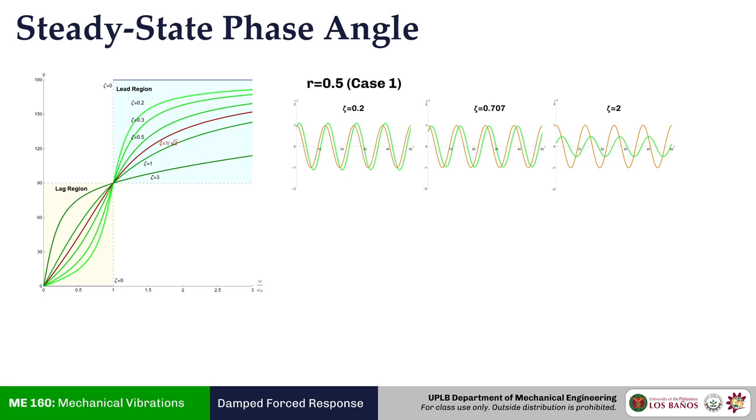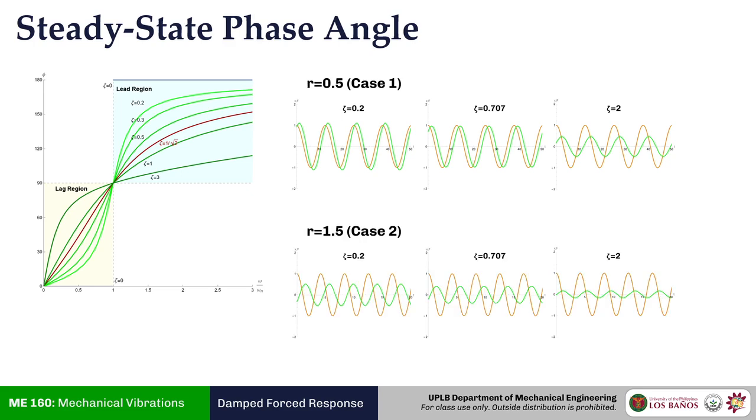And that lead kind of exaggerates as you increase yung zeta. Ngayon, for case 2 or r equals 1.5, medyo mahirap na i-discern kasi magkaiba na yung amplitudes ng steady state response o ng forcing amplitude. Pero in general, nauuna si steady state response kaysa kay forcing function.